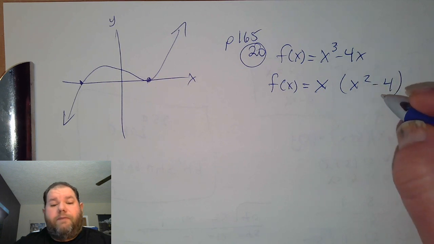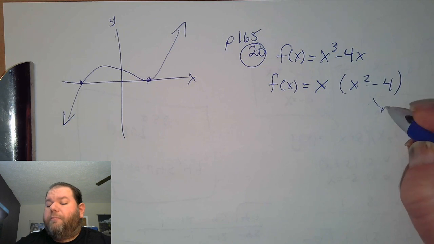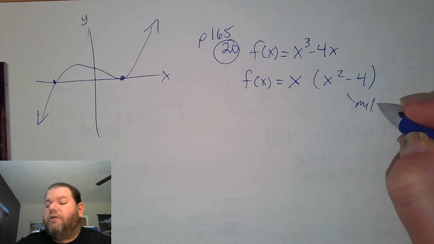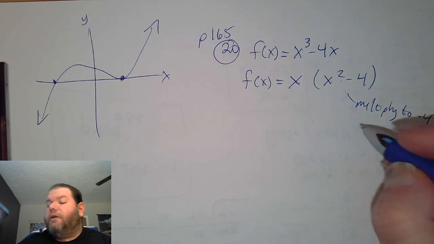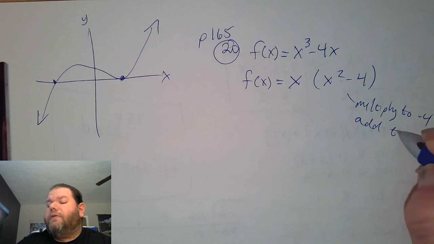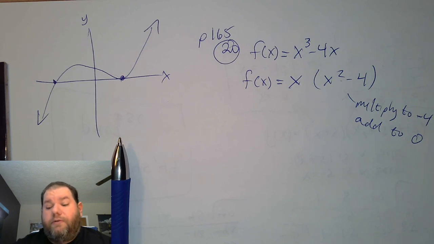We can then go one step further and factor this quadratic. We need two numbers that multiply to -4 and add to 0. What two numbers would those be? -2 and 2.